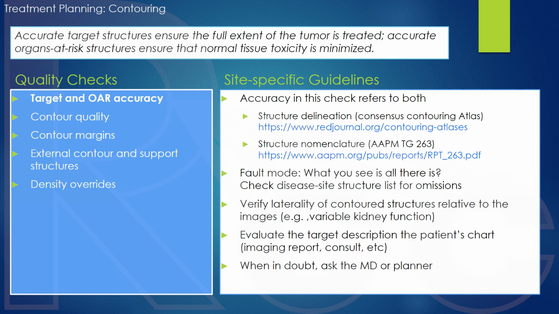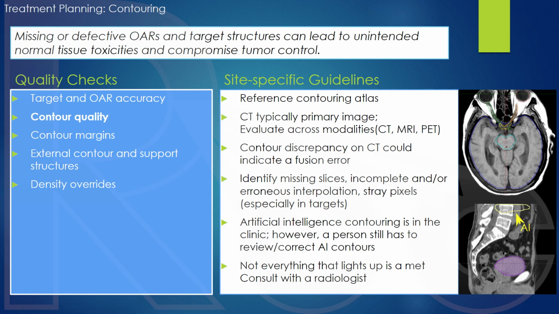Talk to the physician, talk to the treatment planner, make sure that the structures are accurate. Okay. Missing or defective organs at risk and target structures can lead to unintended normal tissue toxicities and compromised tumor control. Again, refer to contouring atlases.